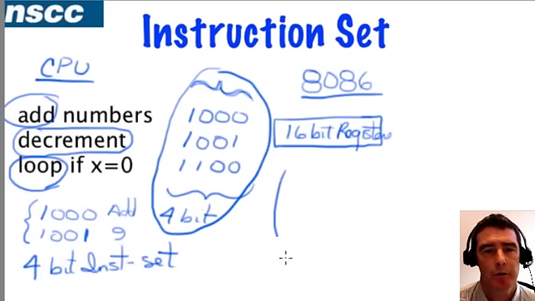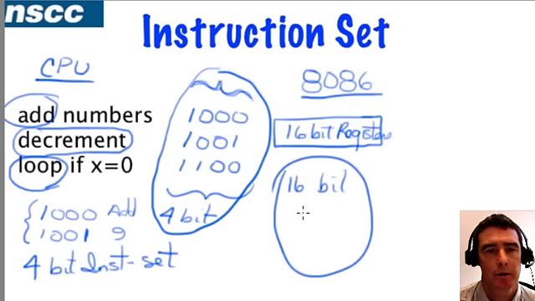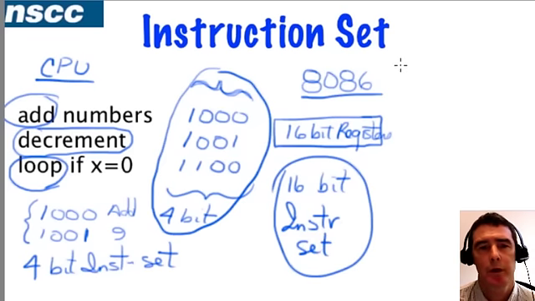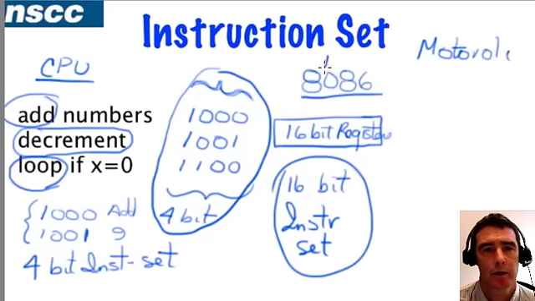So its instruction set was called a 16-bit instruction set. Now there were other 16-bit CPUs at this time, Motorola, and this was an Intel processor here.